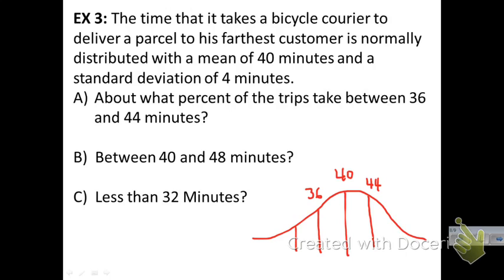If I go 2 standard deviations away, so this was 1, plus 1, minus 1, plus 2, minus 2. I'm going to add 4 again to get to 48, subtract 4 from 36 to get 32, and then if I want to go one more, that puts us at plus 4 is at 52, and minus 4 is at 30.